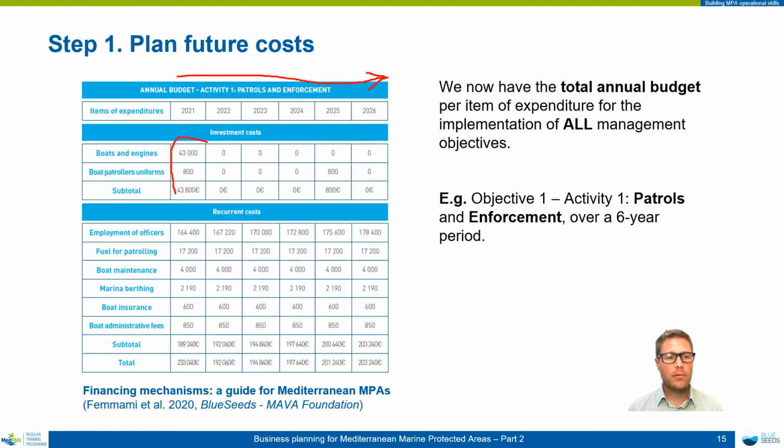Investment costs, for example, are very high during the first year, but they are close to 0 the following year. So this needs to be kept in mind for a good management of funds. Recurrent costs, however, we notice that recurrent costs are constant over the course of the time frame of the management plan.